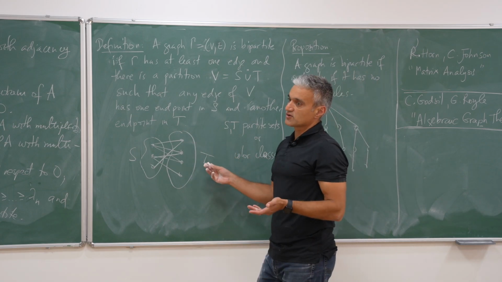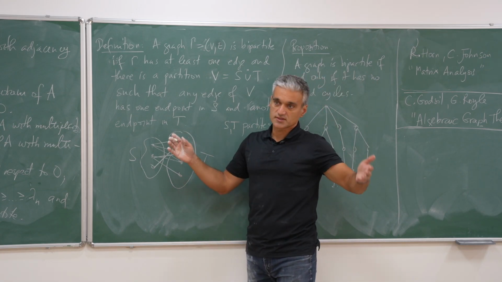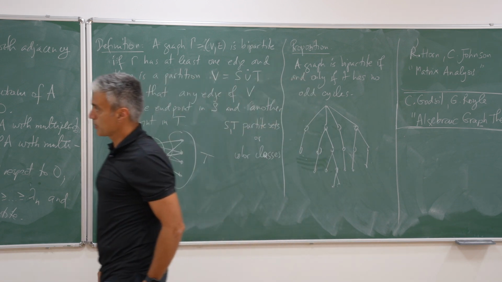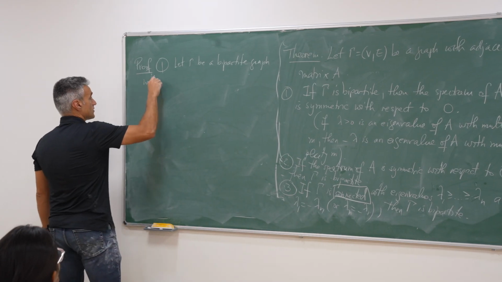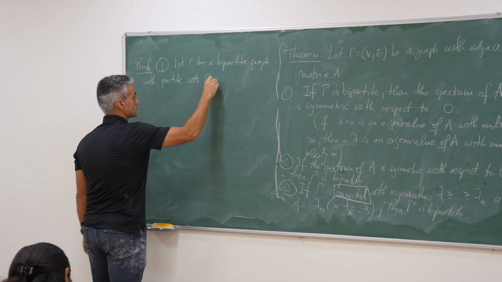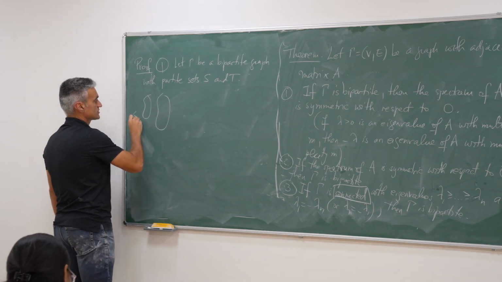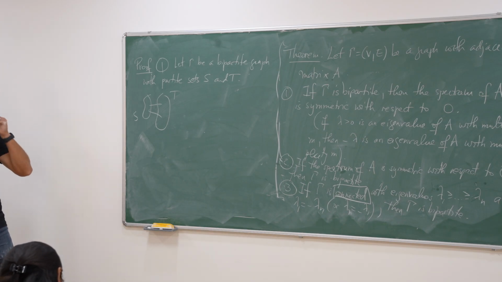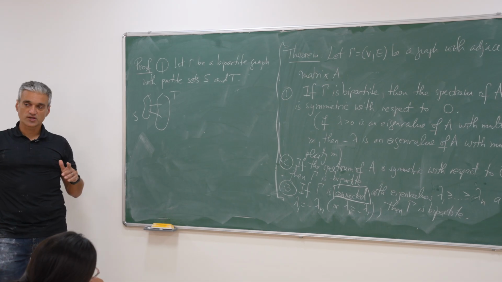A bipartite graph is a specific case of a multipartite graph, in which you have more parts, so that's why it's called partite sets. So a bipartite graph with partite sets S and T. This is your graph, S and T here. We're going to talk about this in the tutorial.